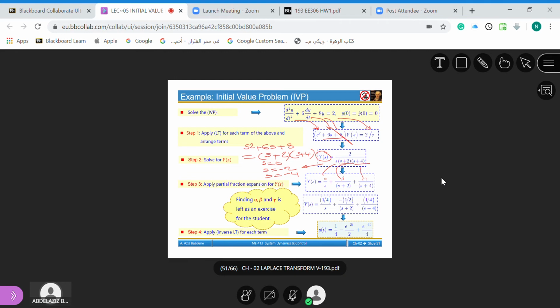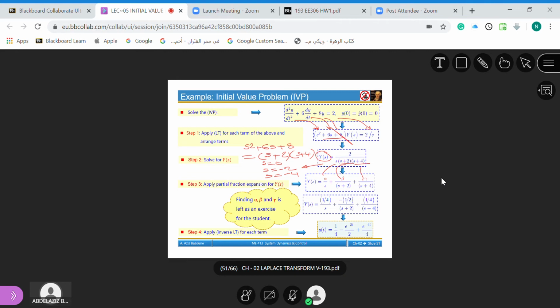Now we need to find alpha, beta, and gamma. I left them as an exercise for you. At the end of the day, we found alpha is equal to 1 over 4, beta is equal to minus half, and gamma is equal to 1 over 4. So Y of s is written like this: (1/4) over s minus (1/2) over s plus 2 plus (1/4) over s plus 4.